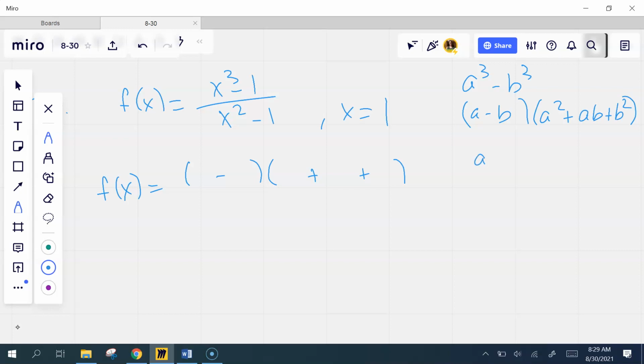And if it's addition, it's a plus b, a squared minus ab plus b squared. Difference or sum of two cubes.